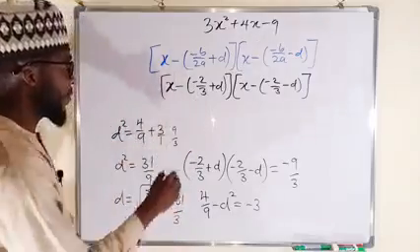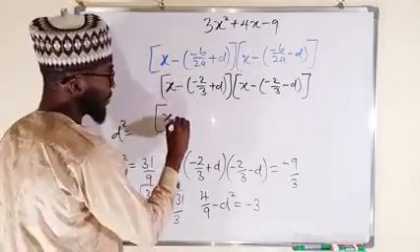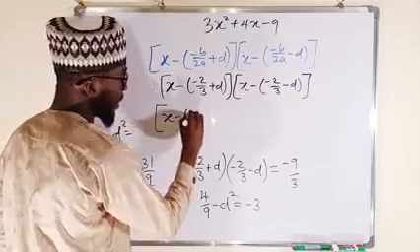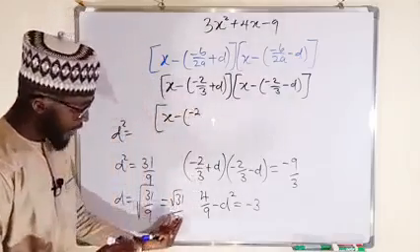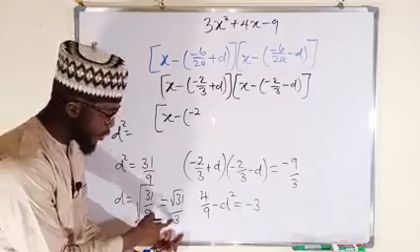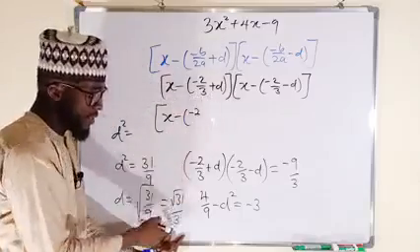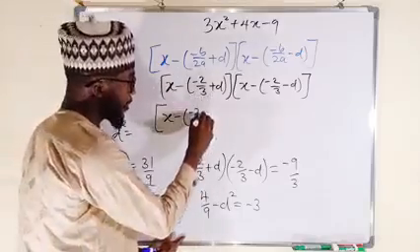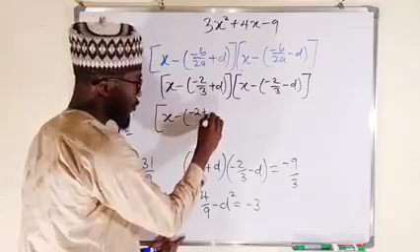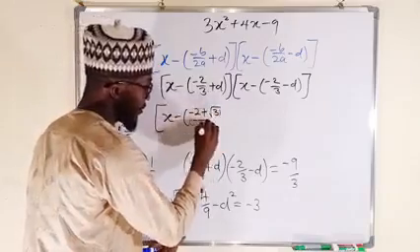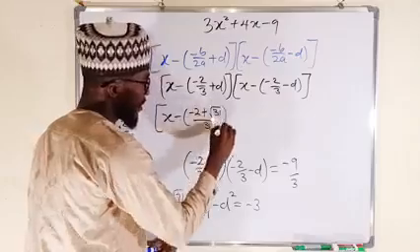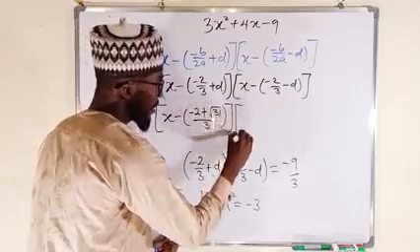Just bring it back here. Therefore, this becomes x minus 2. I can even write it directly because they have common denominator. Look at it, 3. So I can write plus square root of 31. Then you divide by common denominator 3. You do the same thing here.